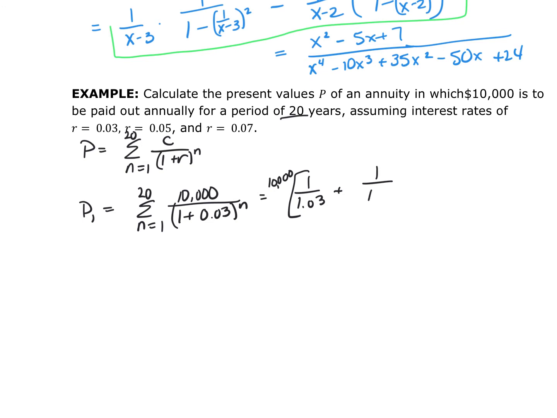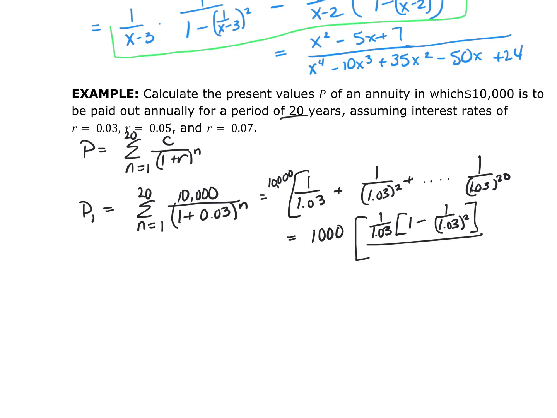Anyways, and then it's going to be 1.03, the quantity squared, plus ... 1 over 1.03 raised to the 20, which ends up as 1 over 1.03 times 1 minus 1 over 1.03 raised to the 20, over 1 minus 1 over 1.03.